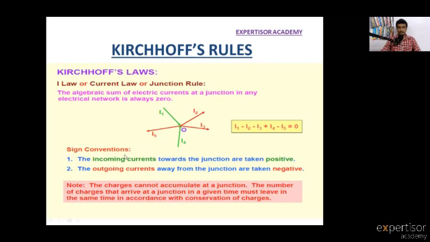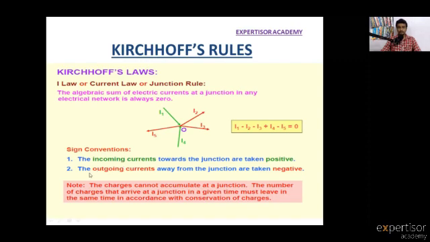See these sign conventions. They indicate which electric currents are positive and which are negative. The first point: the incoming currents towards the junction are taken positive. What are the incoming currents here? I1 and I4. These two currents are taken positive.